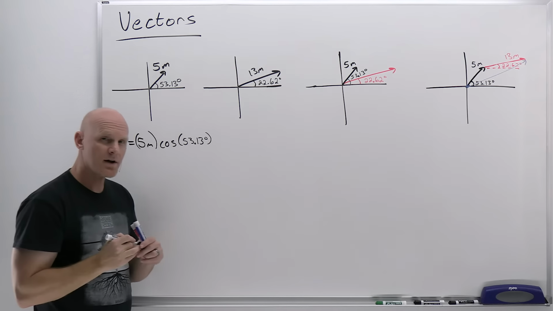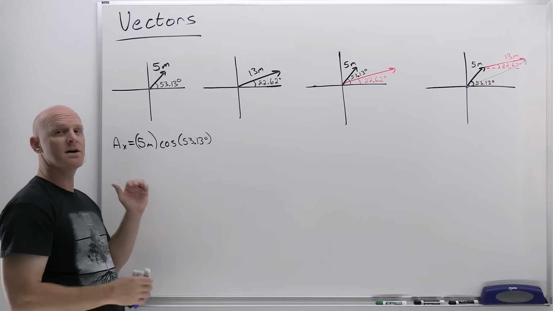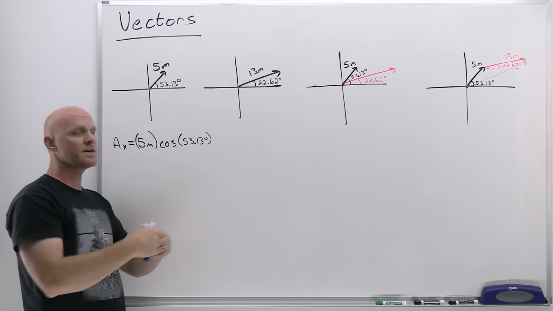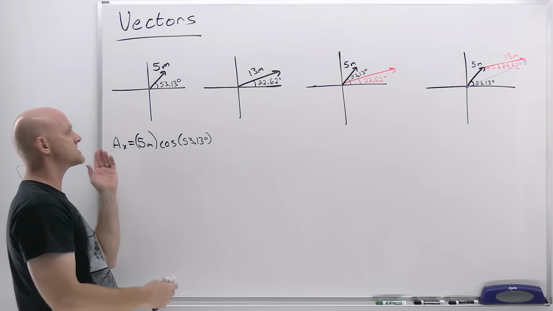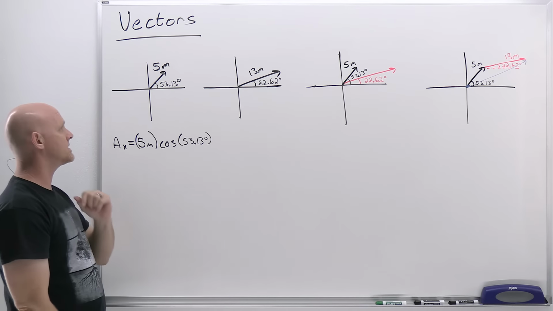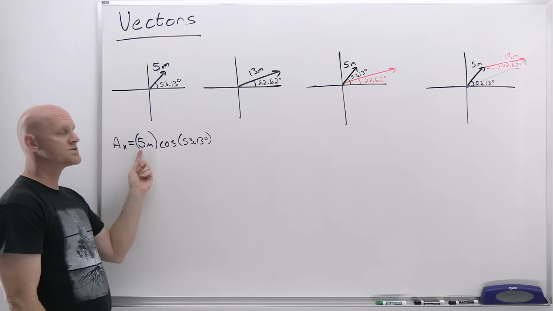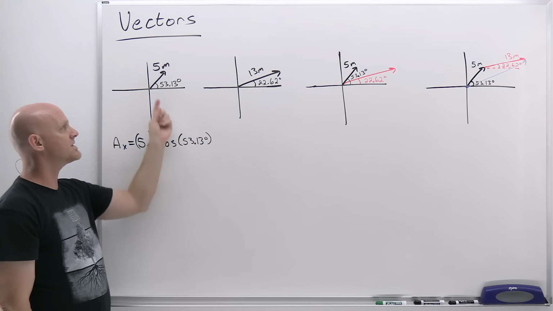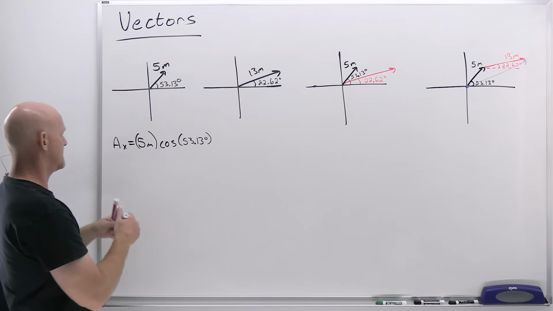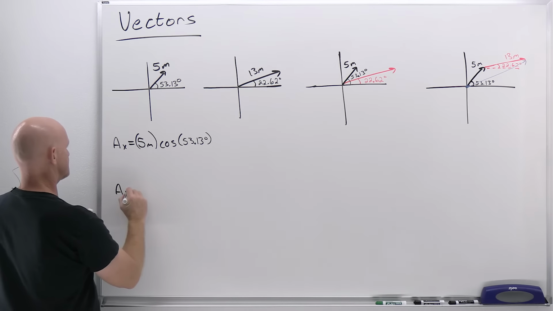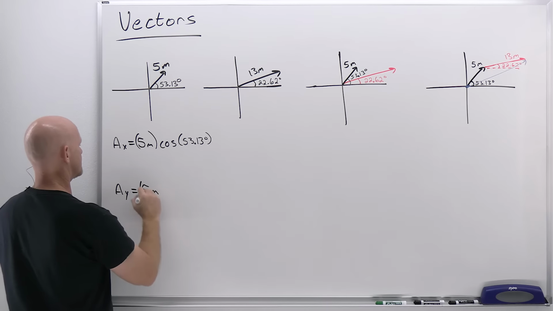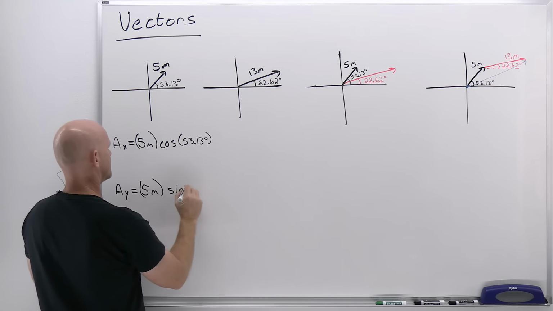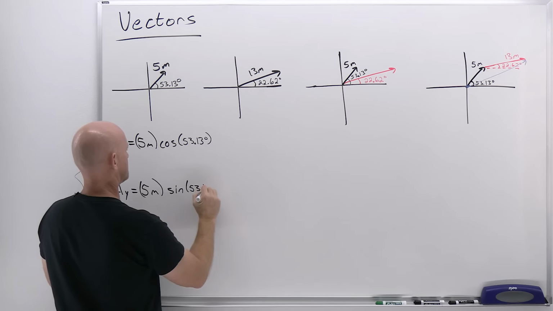And this is where you want to get to the point where this is something you've previously understood. It's become elementary, and so you can just regurgitate it. The x component is going to equal the magnitude of the vector times the cosine of the angle with respect to the x-axis. And then the y component is going to equal, again, the magnitude of the vector times the sine of that same angle.